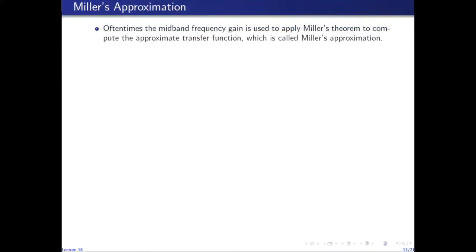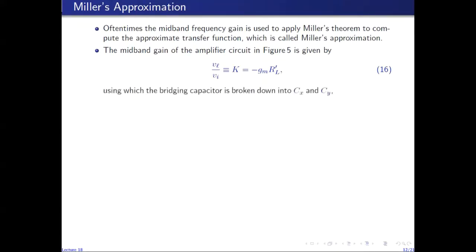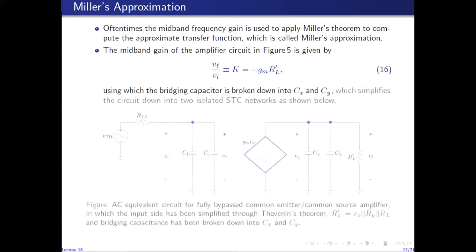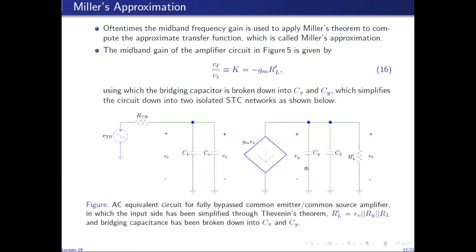So instead, what we do is we apply what is called Miller's approximation. In Miller's approximation, we compute the mid-band frequency gain, which is given by this expression. And then we use this gain to apply Miller's theorem to break the bridging capacitance CXY into two capacitors, CX on the input side and CY on the output side, like this.